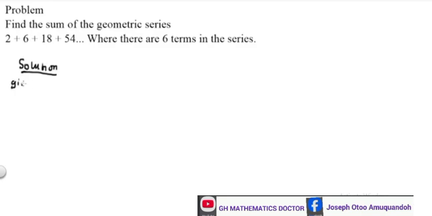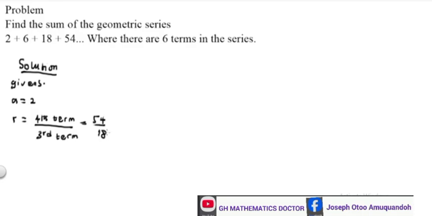So our given information here is that a is 2. We need to find your r, the common ratio, by finding the ratio of some of the terms. We are taking the fourth term over the third term, which is 54 over 18.